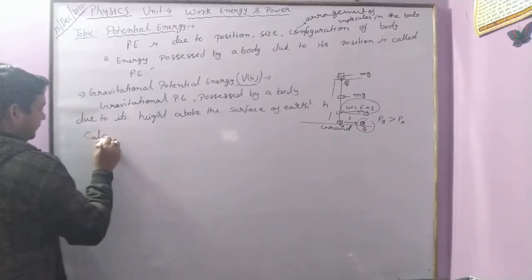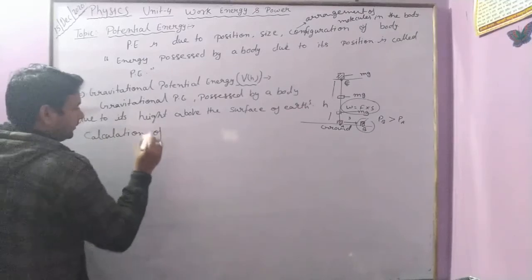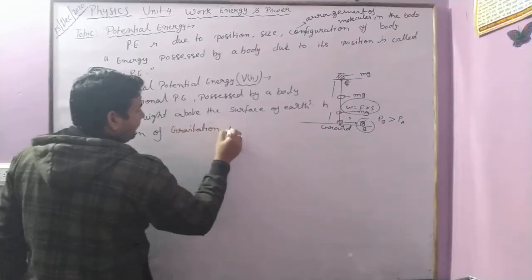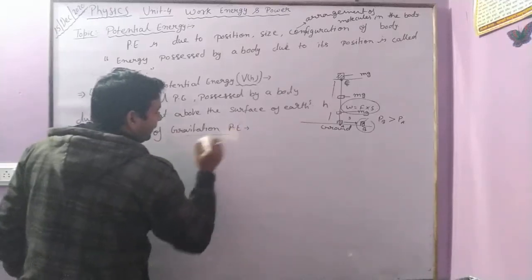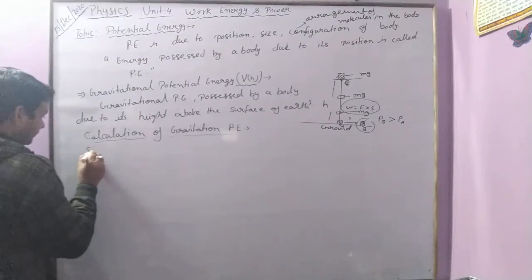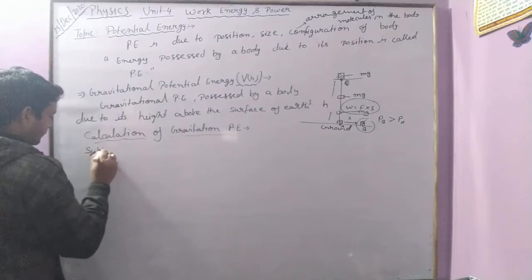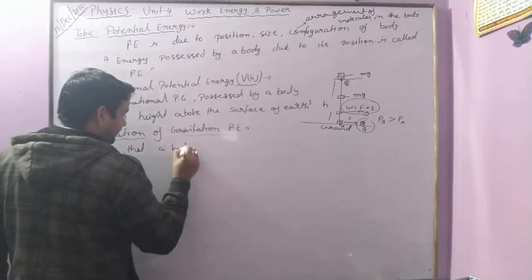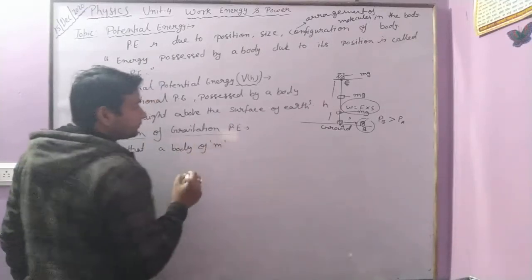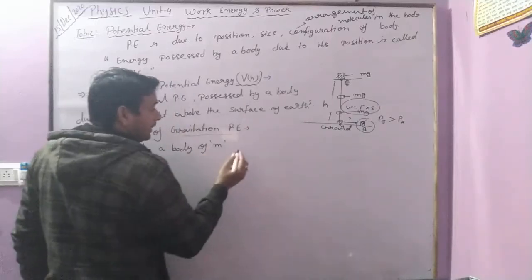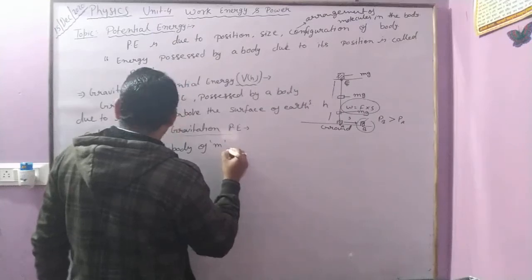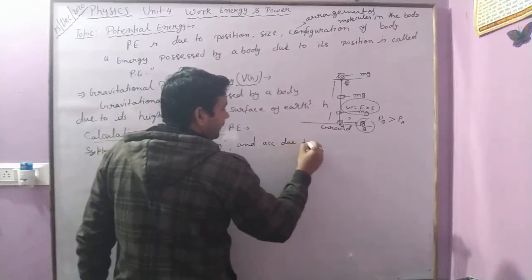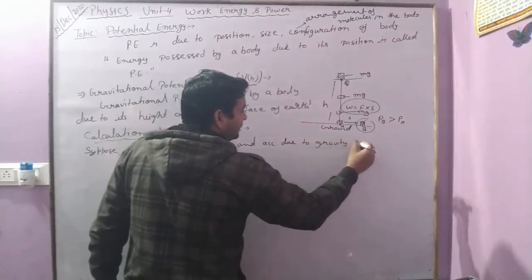For calculation of gravitational potential energy, suppose we consider a body of mass m and acceleration due to gravity, small g.